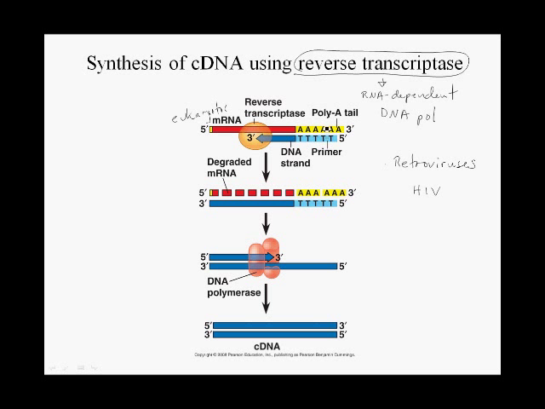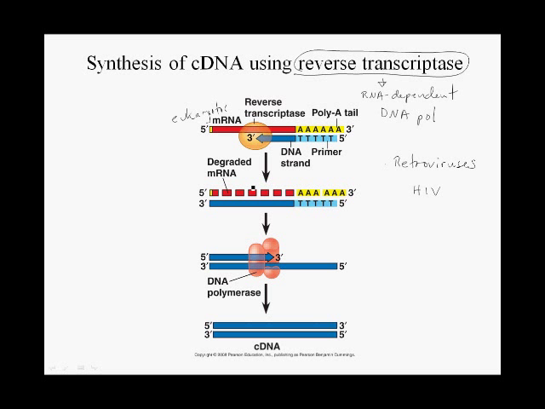This primer will anneal to the poly A tail, and then when we add the enzyme reverse transcriptase, it will extend from the oligo dT primer. It will read the messenger RNA template from 3' to 5', and it will synthesize our first complementary DNA strand from 5' to 3', just like any DNA polymerase, except using RNA as a template.